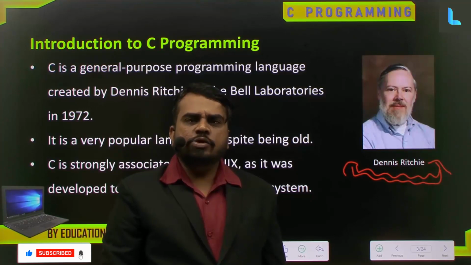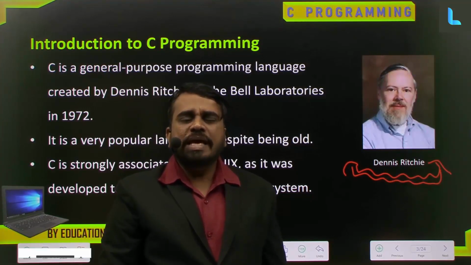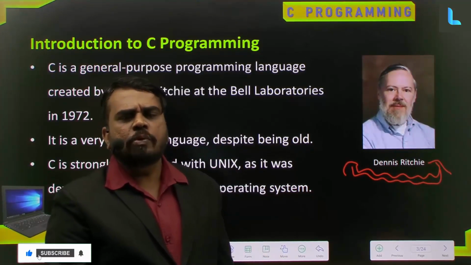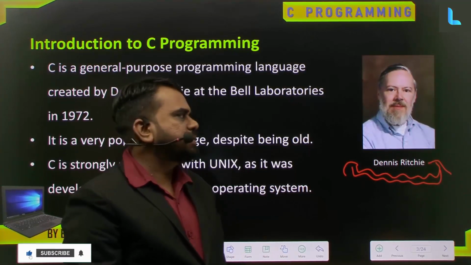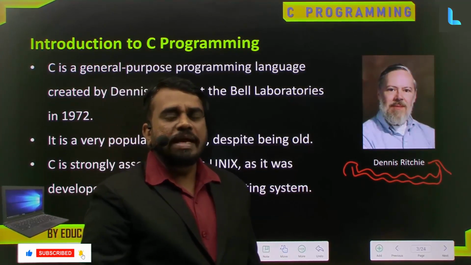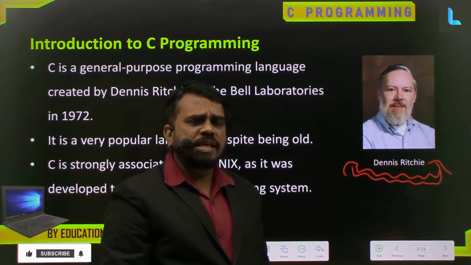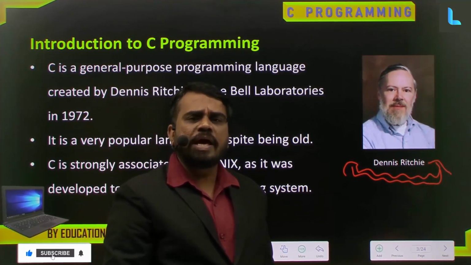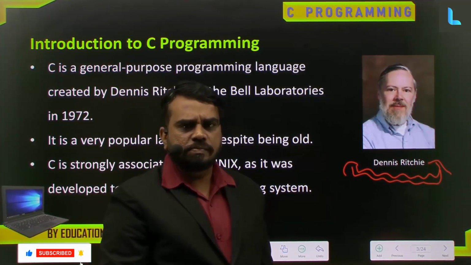During the development of Unix, he accidentally developed this new programming language which was named C language. Later he even used this C language to develop the Unix operating system.